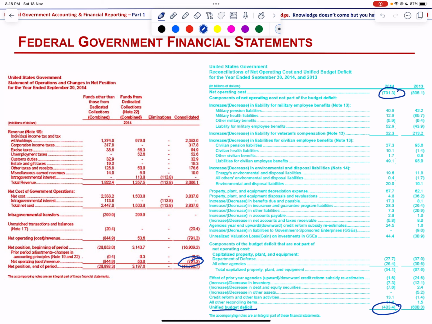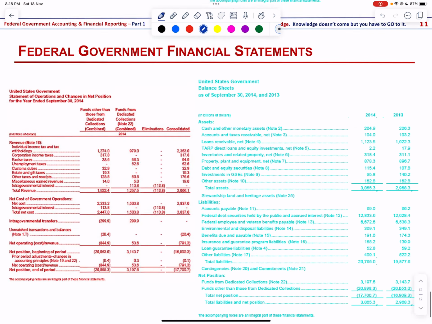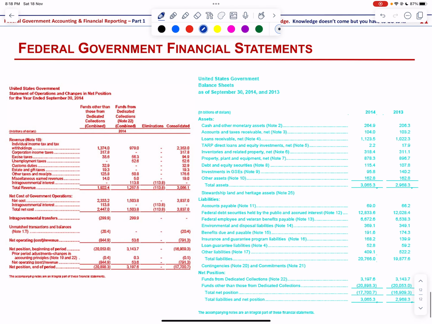Finally, let us talk about the balance sheet. And we have the balance sheet over here, and you can observe that the total assets minus total liabilities is equal to total net position.